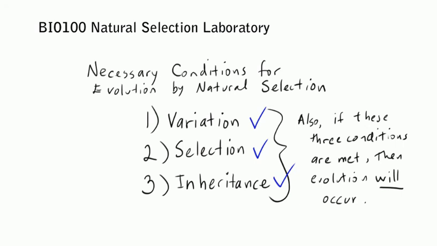Is there selection? What is the cause for the differential success in survival and reproduction? Is there inheritance? Because if you can establish that all 3 of these things are met, then you should be expecting that evolution by natural selection will occur in the prey as well.